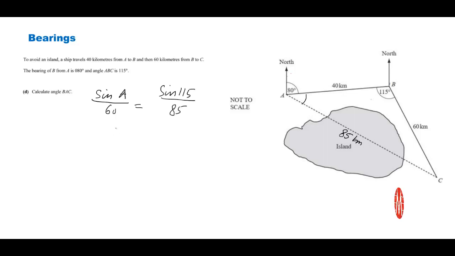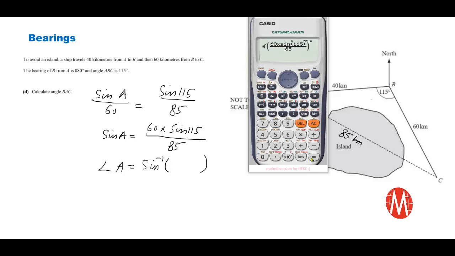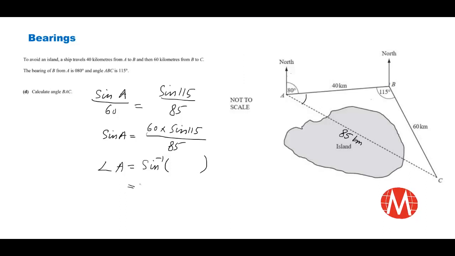By cross multiplying, and then taking sine inverse, angle A is 39.77. The angle must be rounded to 1 decimal place, so this angle is 39.8 degrees.